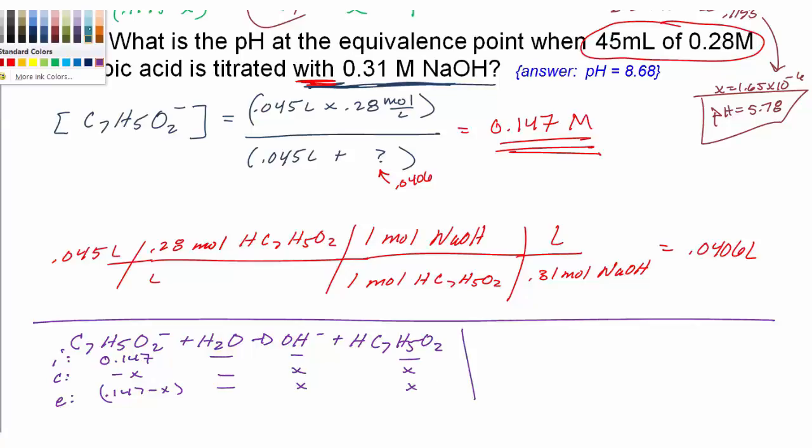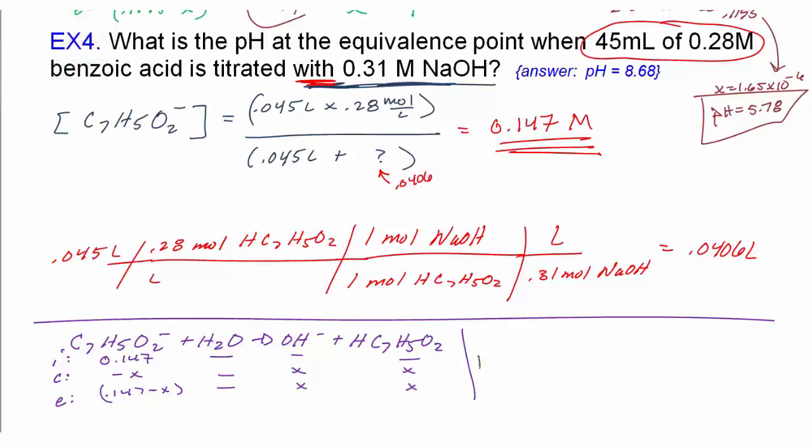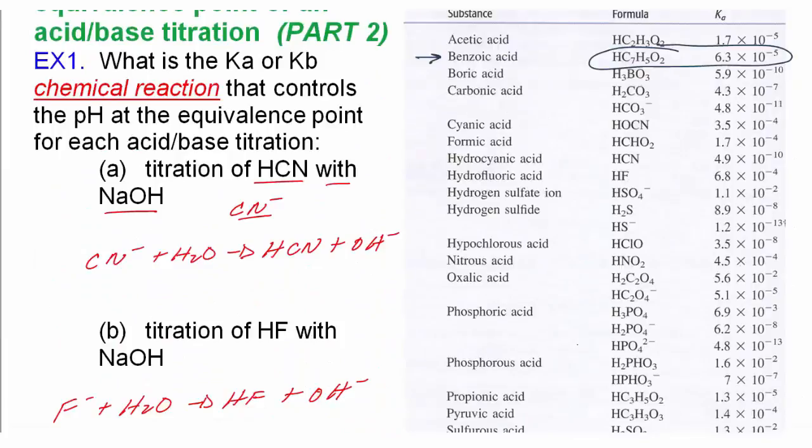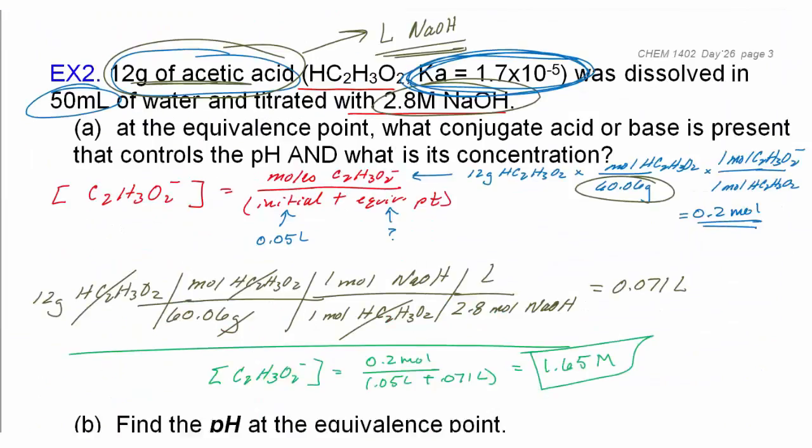So my Kb is Kw over Ka, 1 times 10 to the negative 14. And what's the Ka for benzoic acid? The Ka is 6.3 times 10 to the negative 5.